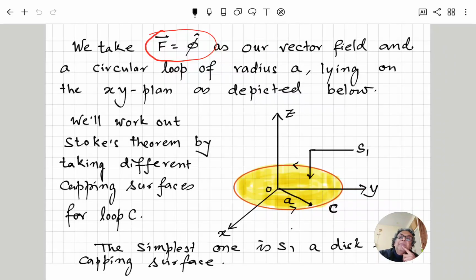Taking this as an example of a vector field and taking a closed path C like this, we will work out Stokes' theorem explicitly, and then we'll take a variety of capping surfaces for the same loop C. It will be a good example to appreciate the basic essential idea of this great mathematical result.